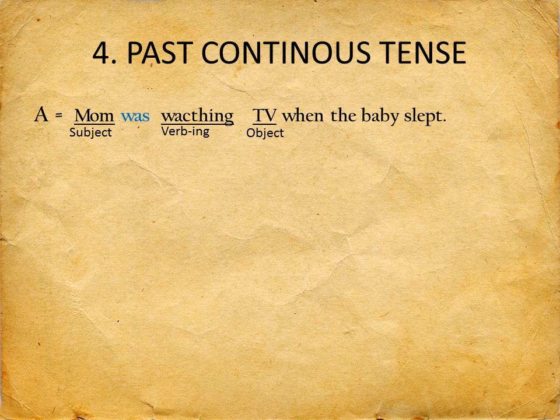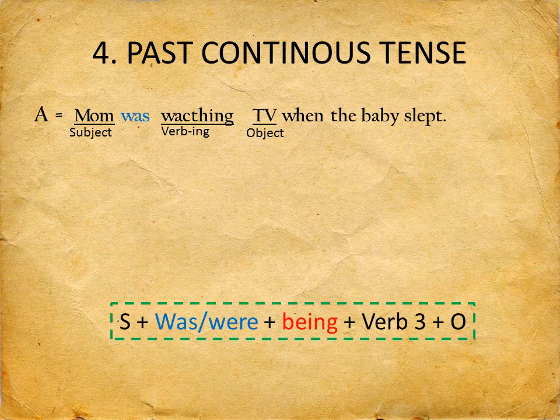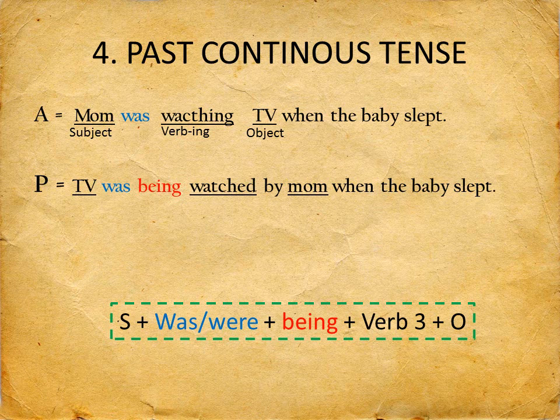The formula is subject plus was or were plus being plus verb 3 plus object. And the passive sentence is TV was being watched by Mom when the baby slept.